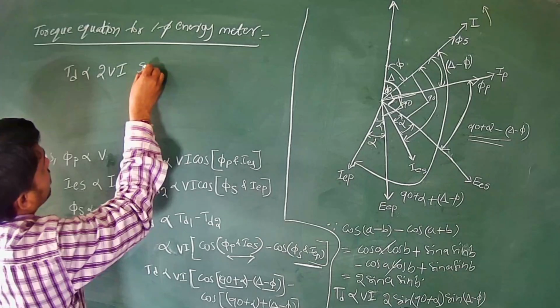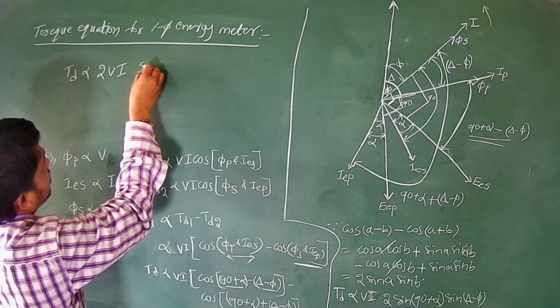Here 2 is a constant, and cos alpha, so what is alpha here? Alpha is the angle between the eddy EMF and the eddy currents. So this cos alpha is also constant for the meter.